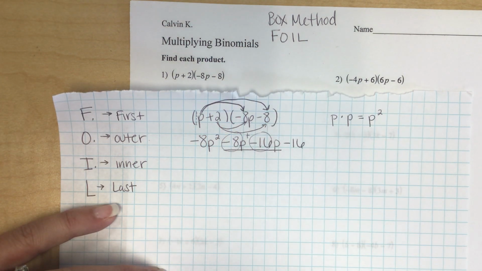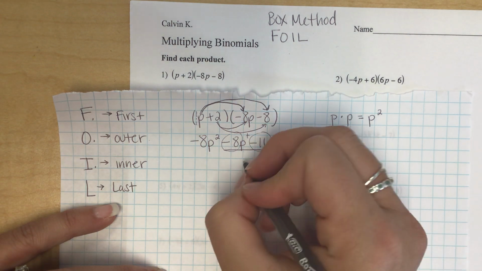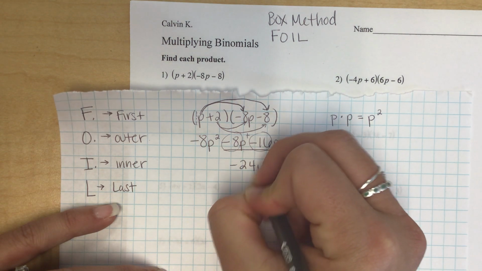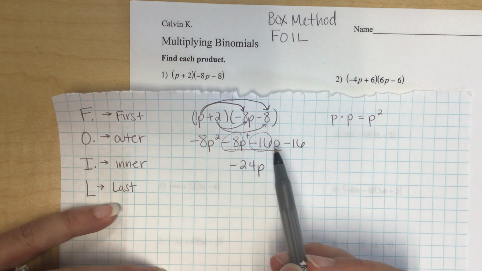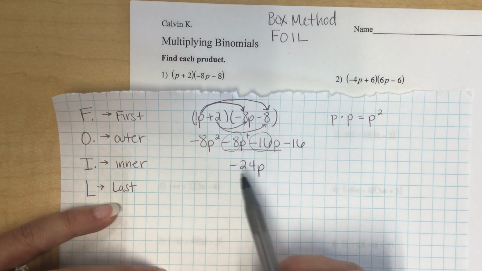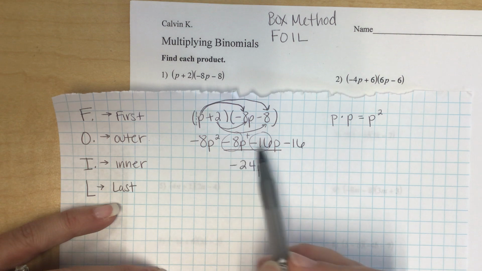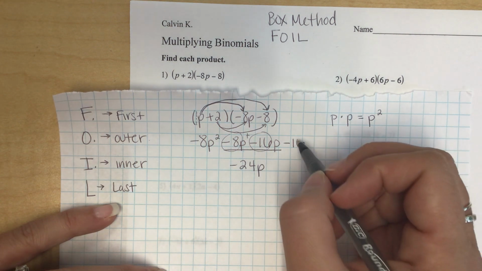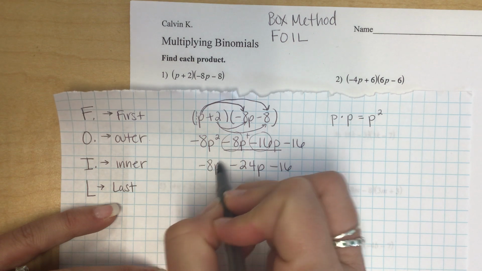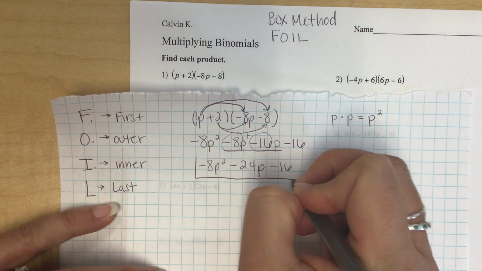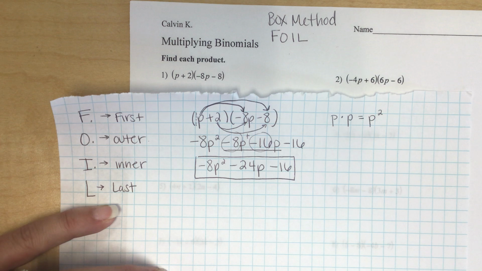So negative 8 plus negative 16 is going to give me a negative 24P. Notice, again, we didn't change anything with the letters because we're adding. So we're just combining like terms. And then I bring down my negative 16, and I bring this down negative 8P squared. And this is your answer.